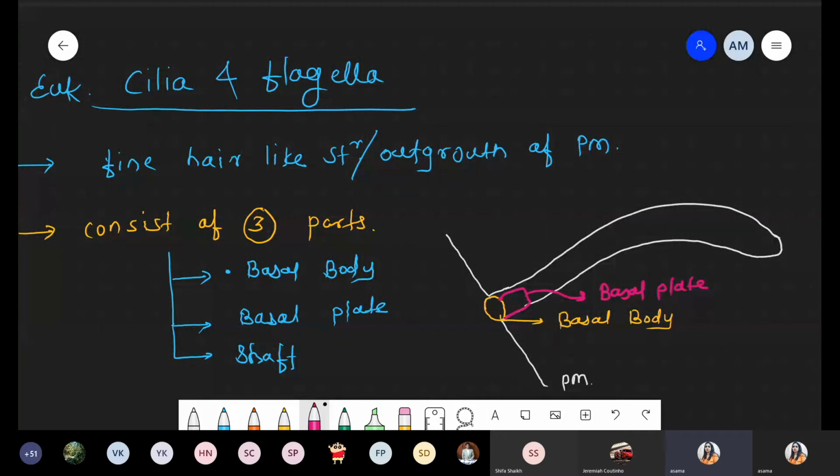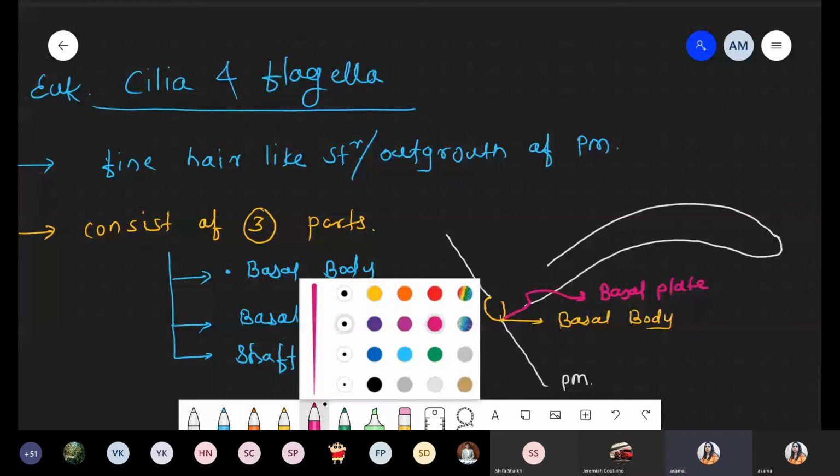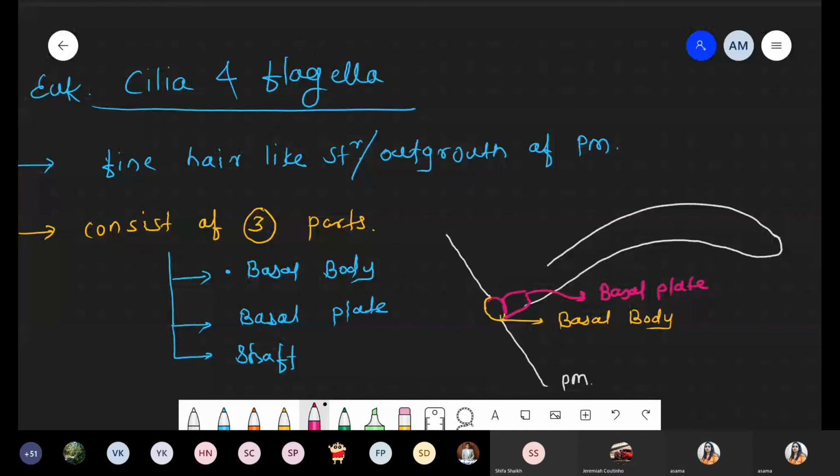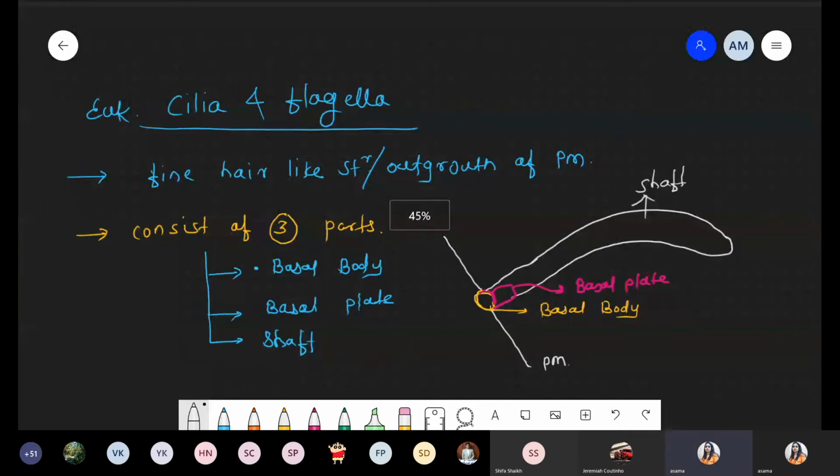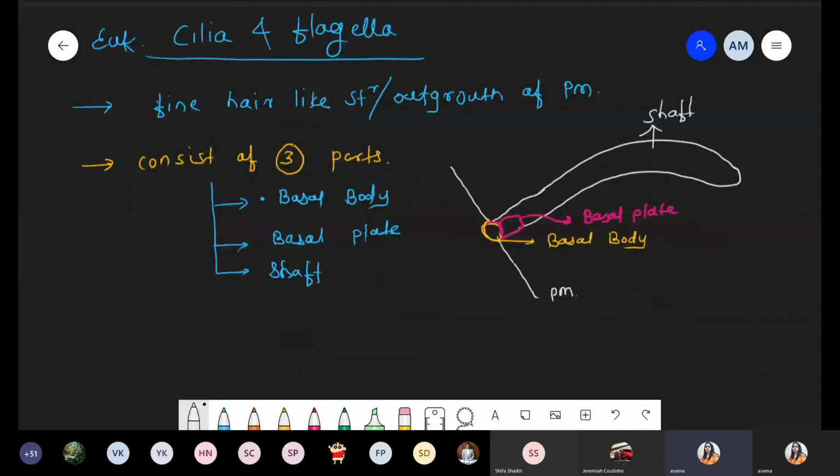And from that basal plate, there is a long elongated structure that is called the shaft. So this third structure is called the shaft. So a simple structure, a long elongated structure of cilia and the flagella, but it consists of three different parts: basal body, basal plate and the shaft.